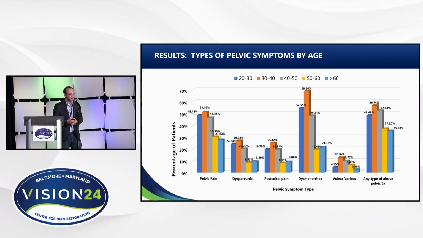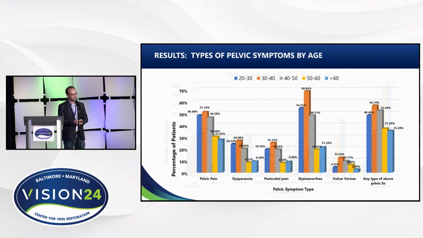There are a couple of other symptoms which are not mentioned here, such as pelvic heaviness, fullness, bloating. So here we just looked at a couple of the major types, but there are others as well. As you can see, in each decile of age, the prevalence of pelvic symptoms tends to decrease for each of those categories.